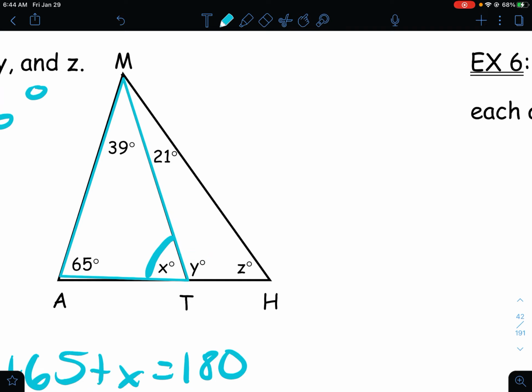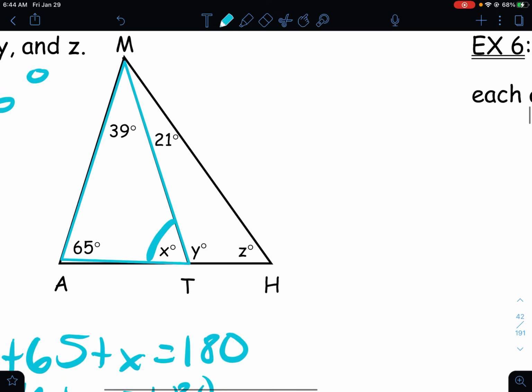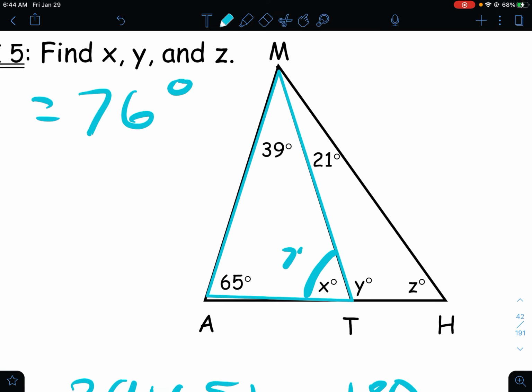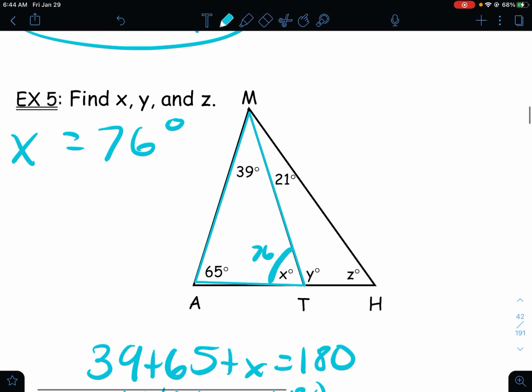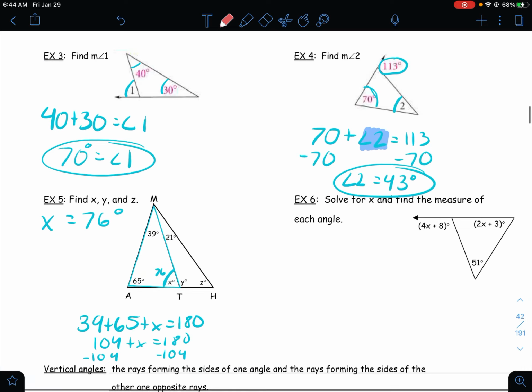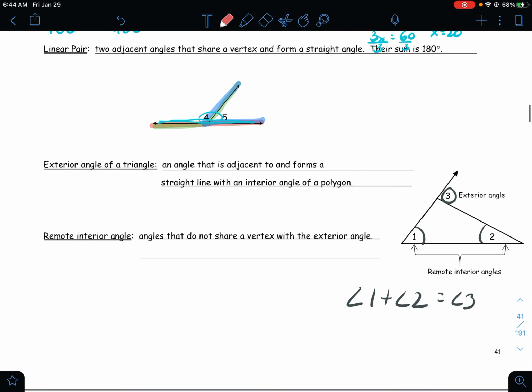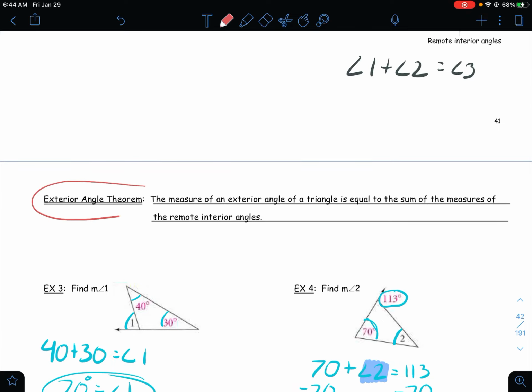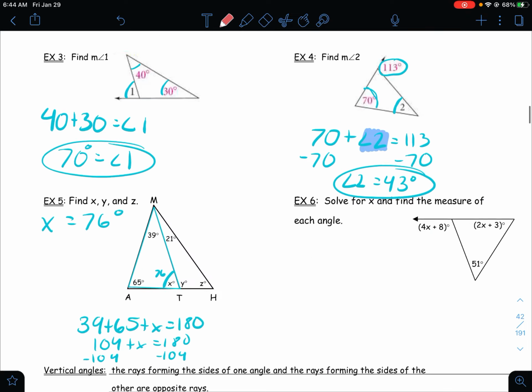Now, with y, there's actually two different ways we could find y. We now know what x is, which is 76. All right, and I'm going to show you the two different ways. First, we could use this exterior angle theorem if we wanted to.